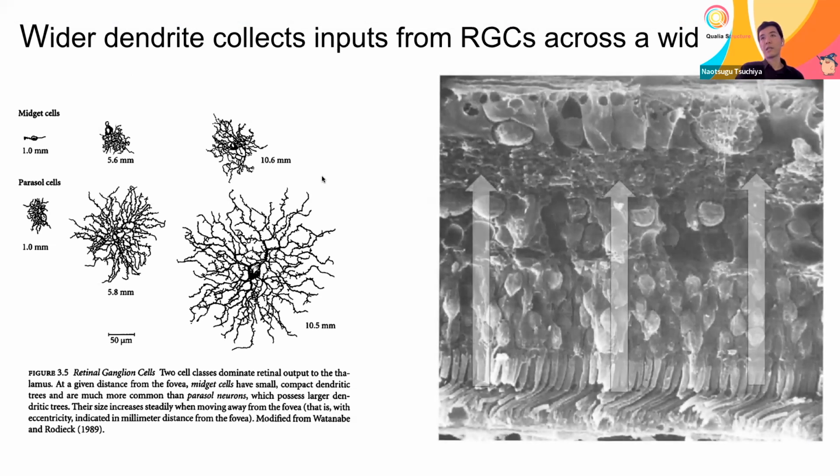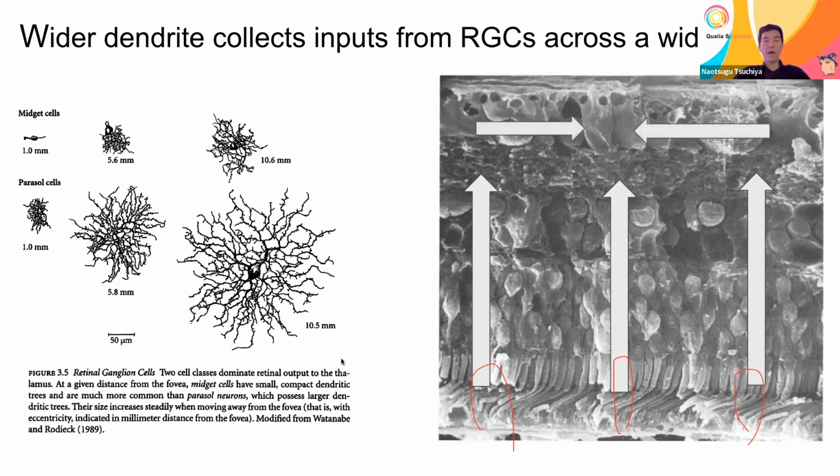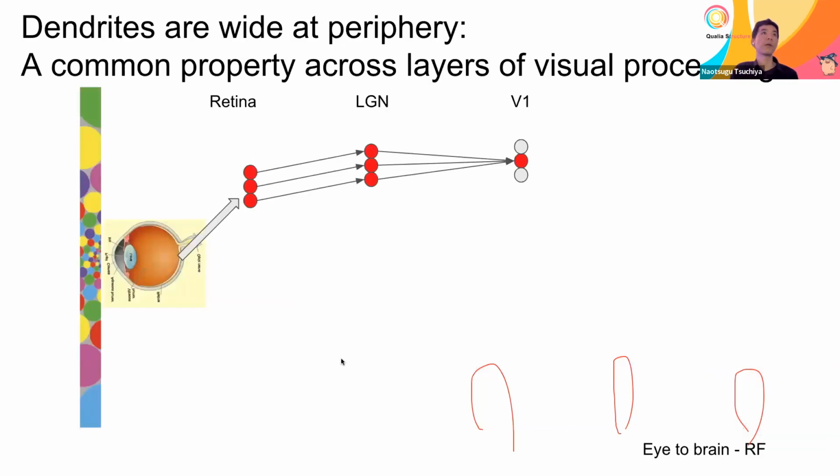Schematically speaking, the upper part is the retinal ganglion cells, and going from small rods and cones here. If you are in the periphery, you can collect the input from a wider area to make a response and then send it to the brain.